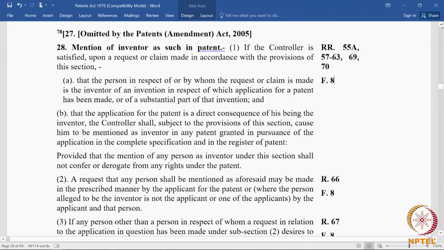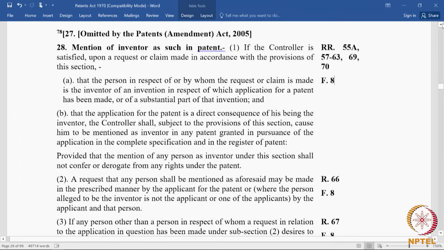Or where the person alleged to be the inventor is not the applicant. Now, this is where I mentioned the fact that as an inventor, your right is that of a creator, whereas the applicant is the owner. So, you could create something and assign it to somebody else, as will most likely happen in large organizations where the employees create the invention, and because of their employment contract, all the inventions they come up with will now vest with the employer.